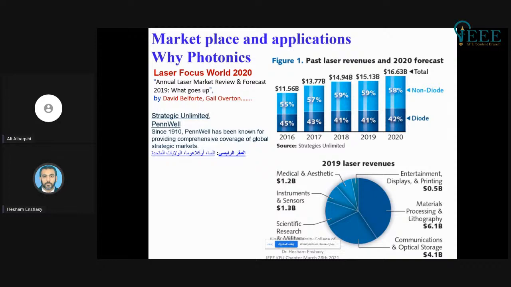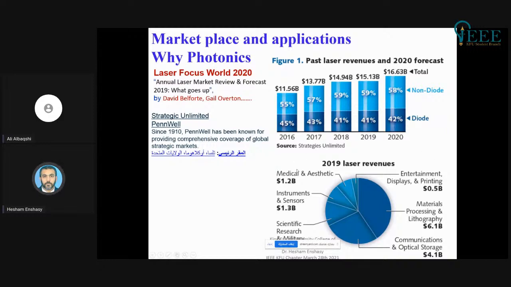And if you look at the latest version of the Laser Focus World, taking the information from this website here, basically it estimated a $16.6 billion marketplace for this technology. And this is only for the lasers, not for the fiber optics technology. Fiber optics technology may be double this number or so on.